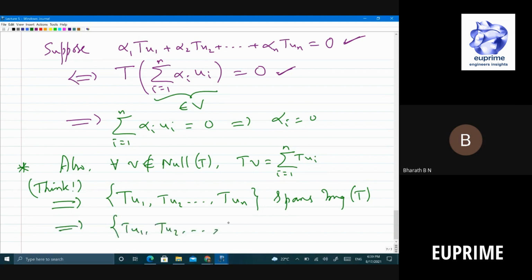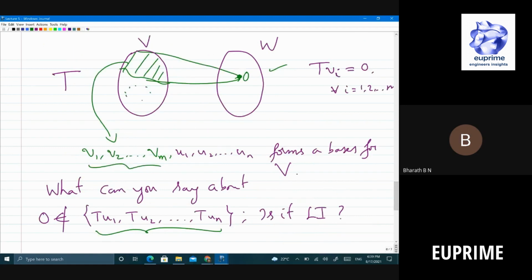It forms a basis for the image of T. So there are n vectors, and there are m vectors which span the kernel of T, right? When you add all of these, you get the dimension of V. M plus n is the dimension of V, but that is nothing but the nullity of T plus the dimension of the image of T, right?